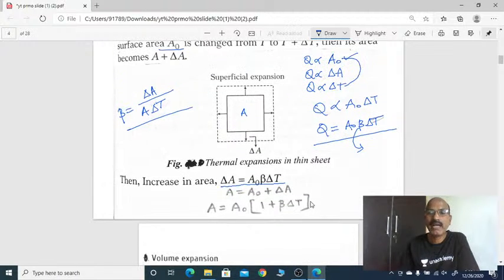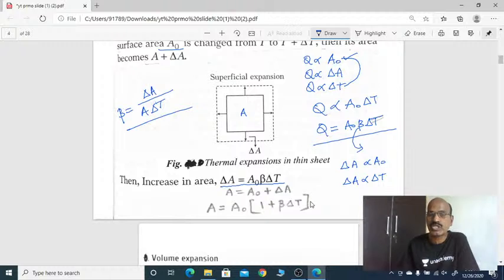In the same way, increase in area is directly proportional to original area, and directly proportional to rise in temperature.